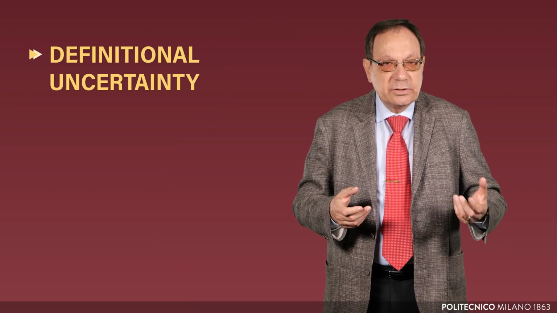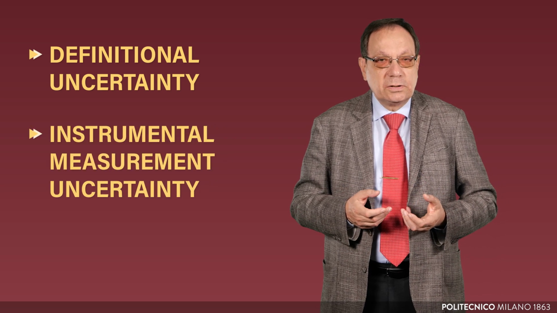To sum up, the measurement model makes it possible to identify the stages from which the overall uncertainty originates. We have identified two main contributions: the definitional uncertainty and the instrumental measurement uncertainty.